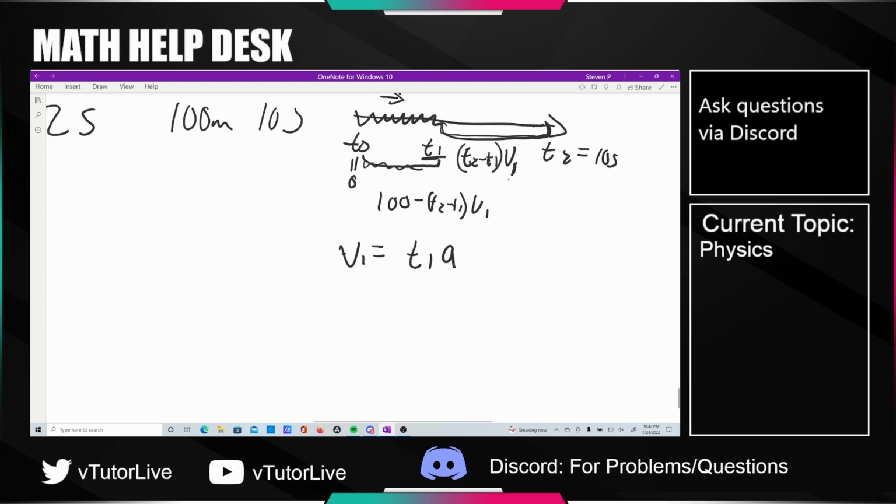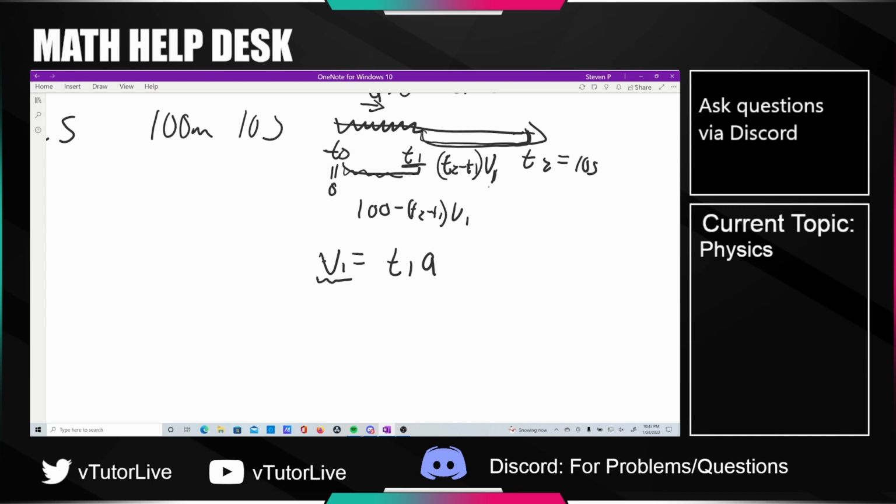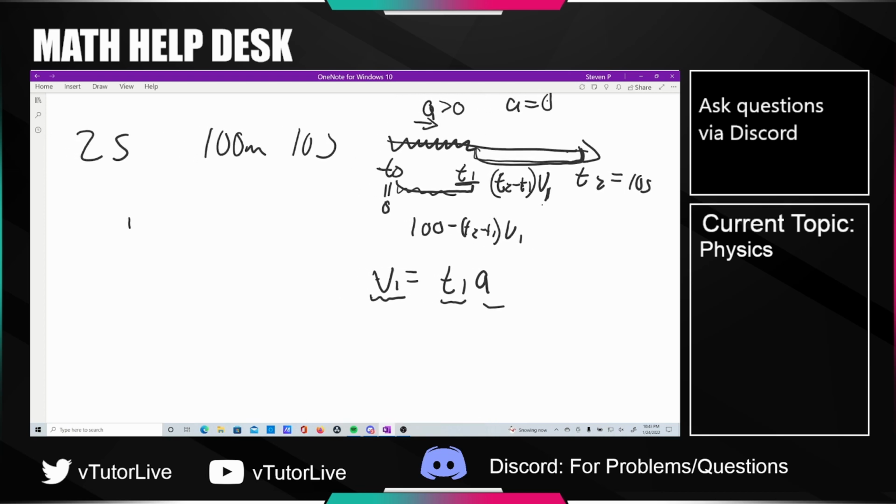And yeah, what else do we need to know here? They're basically asking us to find v1 at the end of the day. It's t1 a. Okay. I'm going to write down some equations.